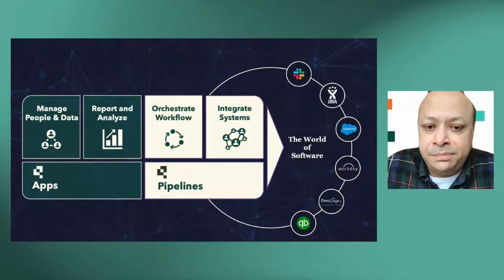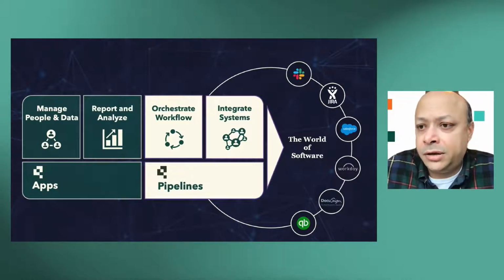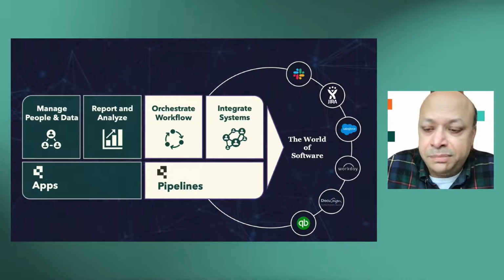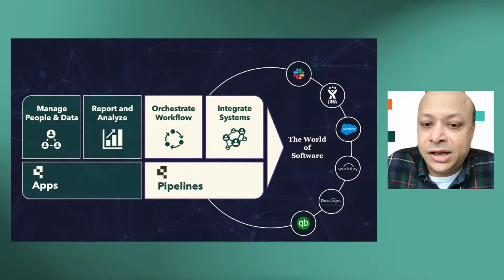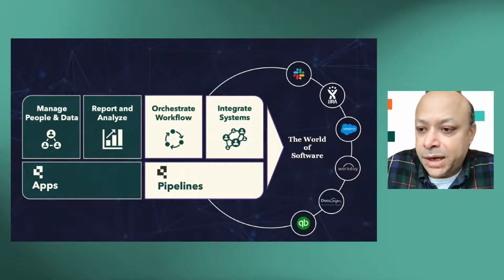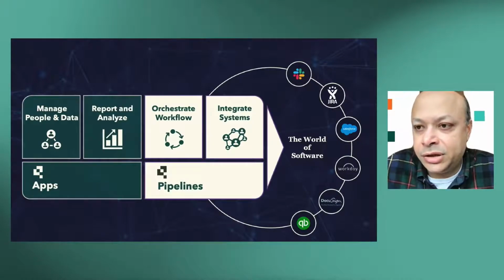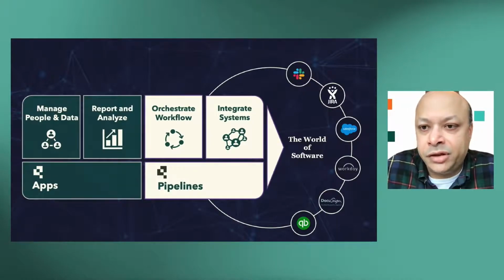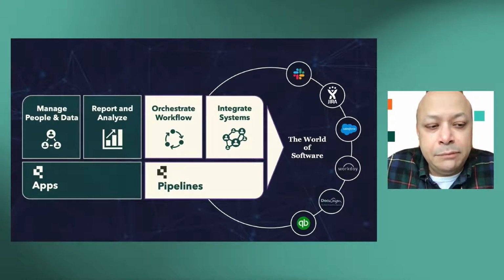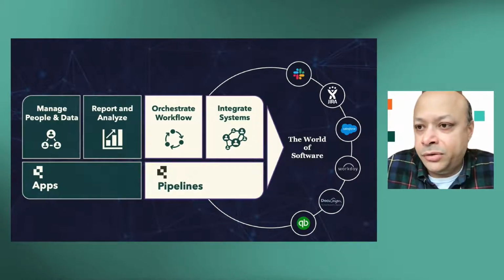So the orchestration part is the ability to run logic, and the integration part is to flow the results of the transforms into other systems. Those two together are what is provided by our pipelines infrastructure. A Quickbase app working with pipelines gives you a really powerful capability to not only manage people and data and report and analyze, but also create really powerful workflows.